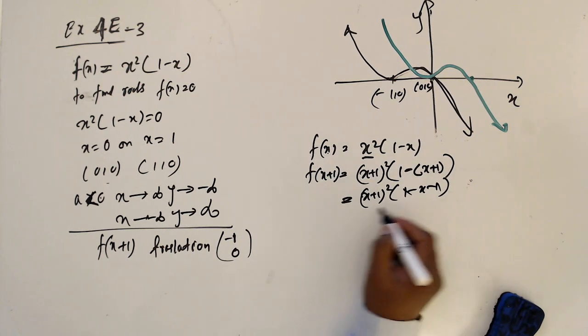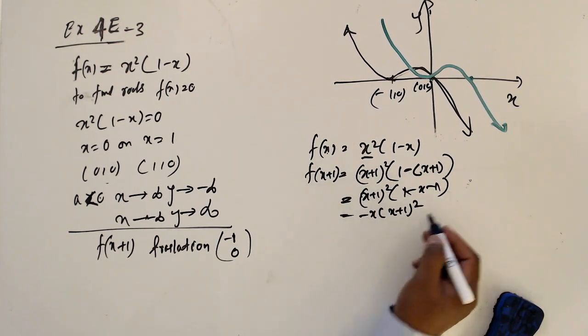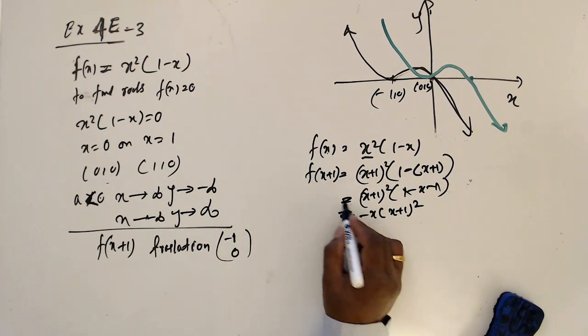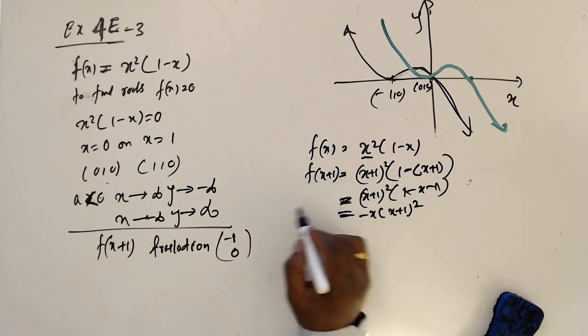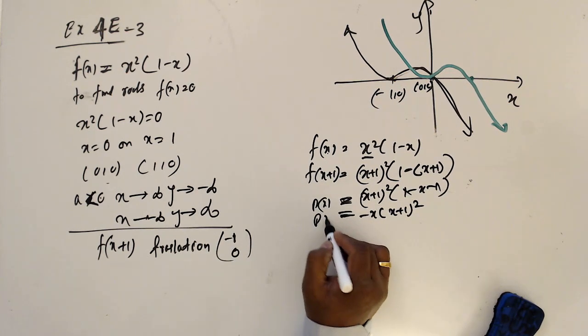This cancels out: minus x times (x plus 1) squared. Let me take this as p(x).